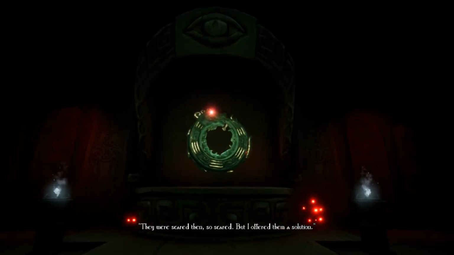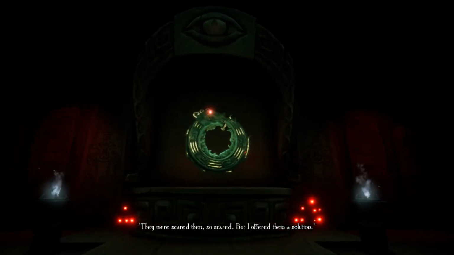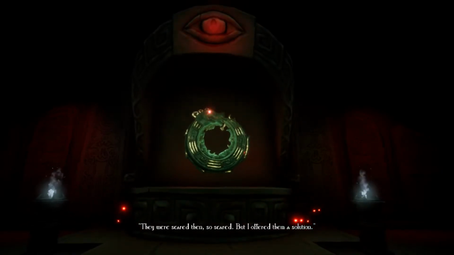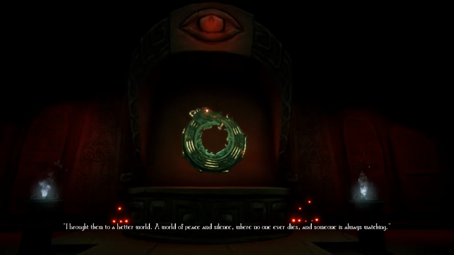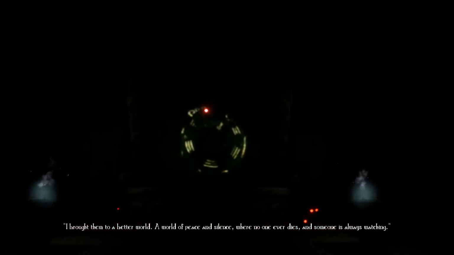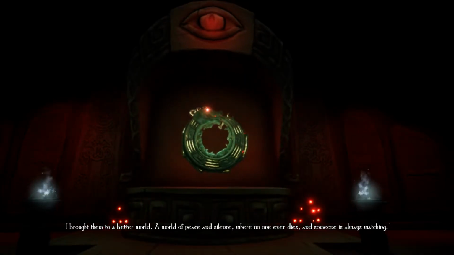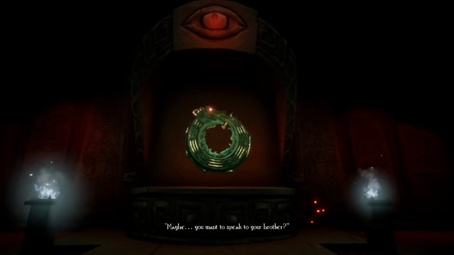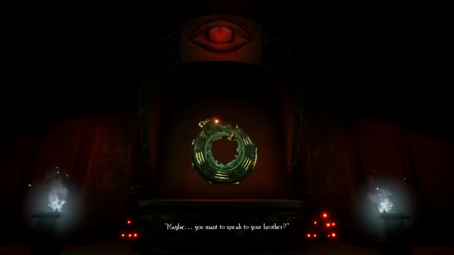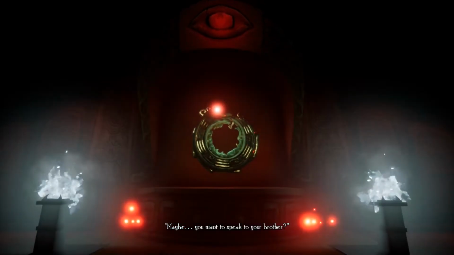They were scared then, so scared. But I offered them a solution. I brought them to a better world. A world of peace and silence where no one ever dies and someone is always watching. Maybe you want to speak to your brother.